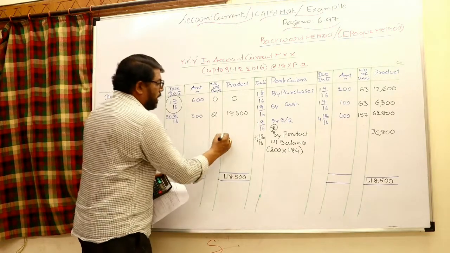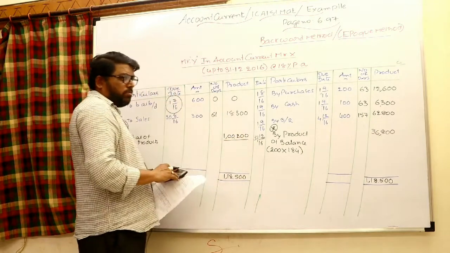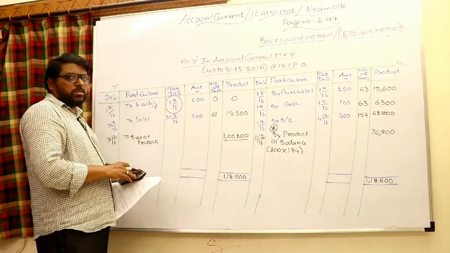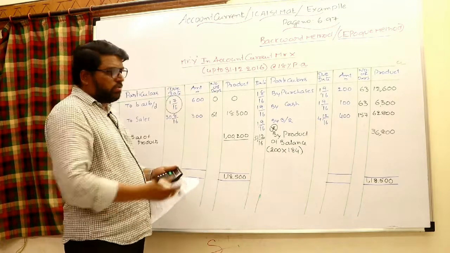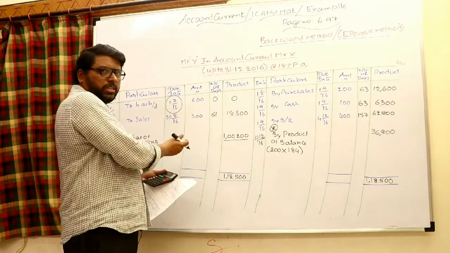You may check it, 1,02,000. The balance of product is the same in the forward method also. But the balance of product we can see in the forward method on that side, while in the backward method it is written on this side.